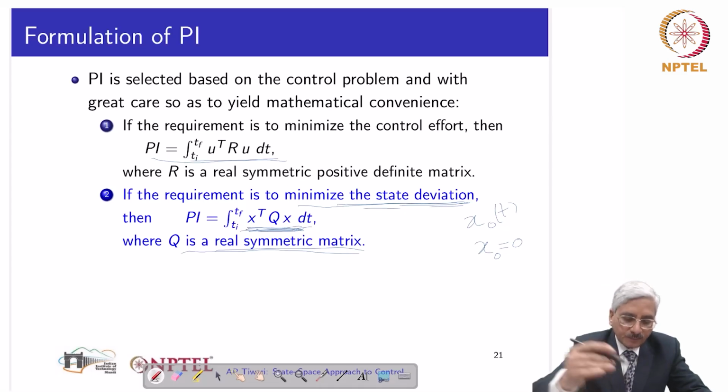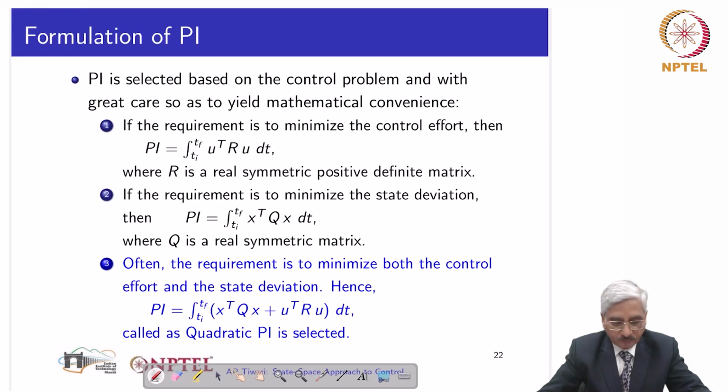And often, to be practical, the requirement is specified in terms of both the control effort and the state deviation. This is a more practical approach. The performance integral is the sum of a quadratic in x depending upon the weighting matrix Q and another quadratic in u, the input, which is through the weighting matrix R.